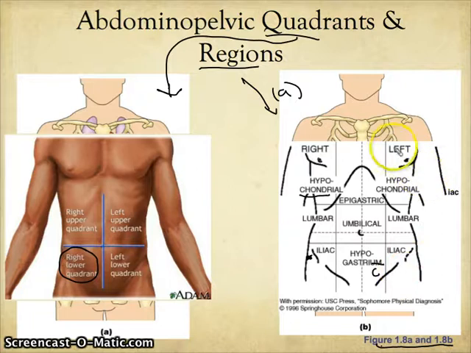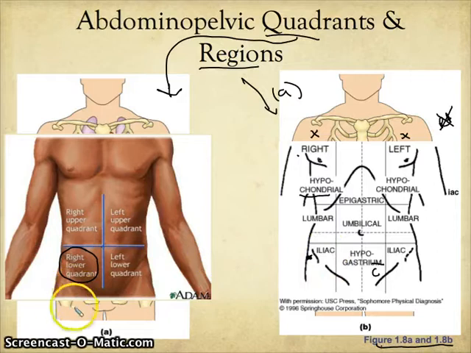Now, something I want you to point out. Right and left. Notice right and left are not based on how you look at it. If you're facing this, this is actually your right side while you're facing it, but that's not the right side on the body. This is literally exactly as it would be on your body. So your right iliac region, if you take your right thumb and put it on your hip, you are dealing with the right iliac region. You get the idea.